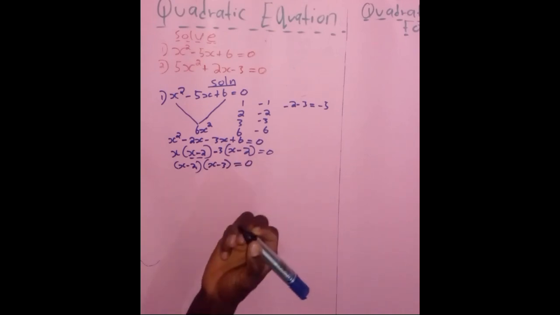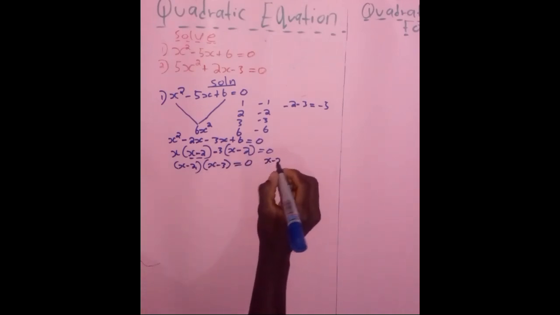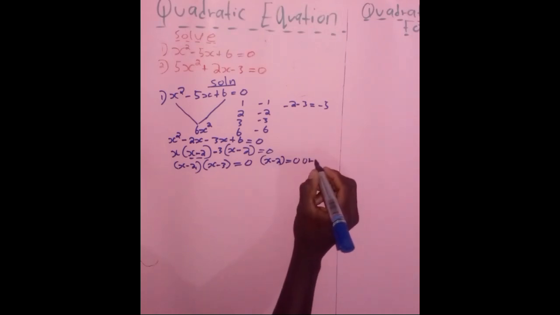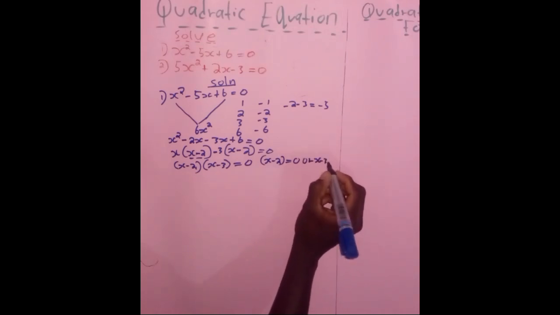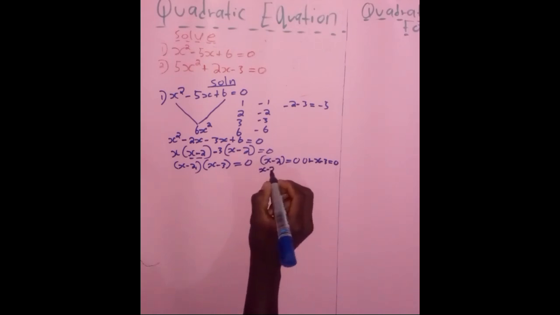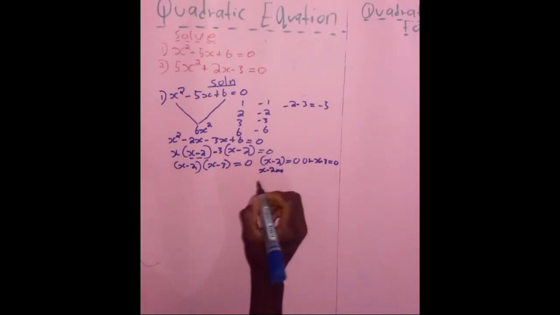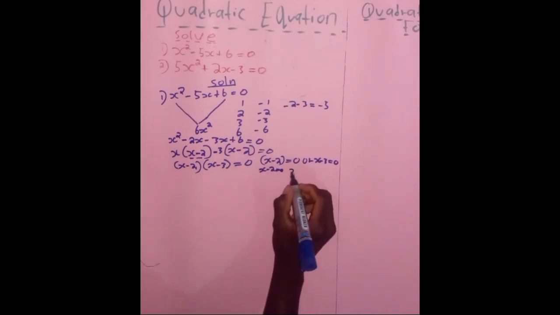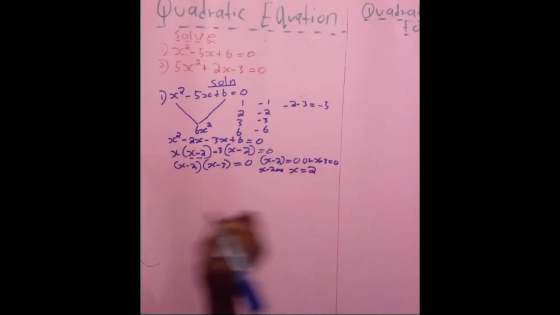which is equal to 0. So therefore x minus 2 is equal to 0, or x minus 3 is equal to 0. Okay, let's say x minus 2 equals 0, and the 2 will cross the equal sign, and x is equal to 2.